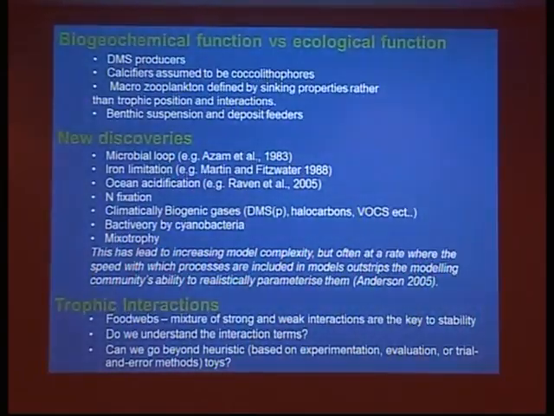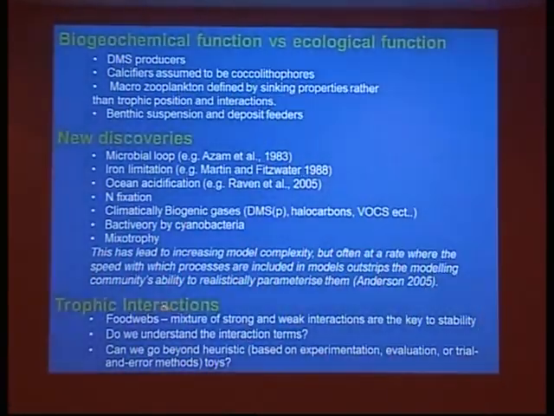Iron is being included, although there are still many uncertainties with that. Ocean acidification is another process that models are trying to capture. Nitrogen fixation, biogenic gases, and bacteriology by cyanobacteria are really not in the models. And mixotrophy. This is quite important, I believe, because there are certain plankton that can do photosynthesis but can also graze on other cells.